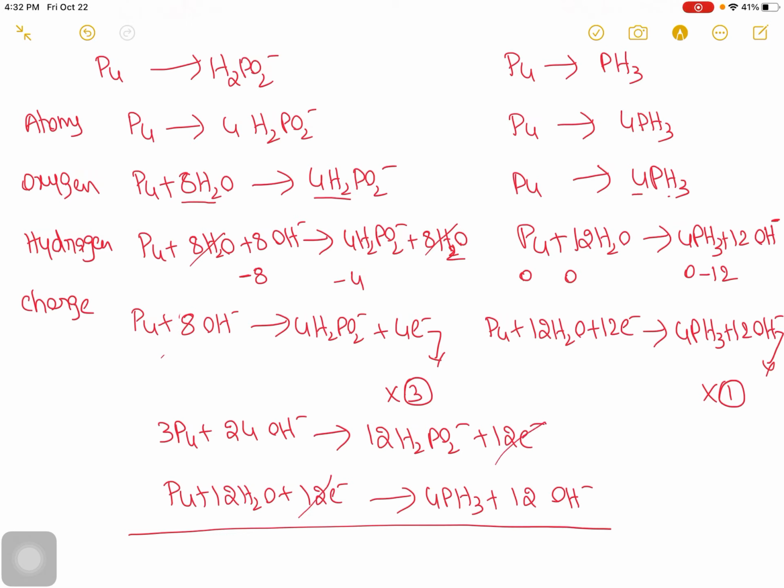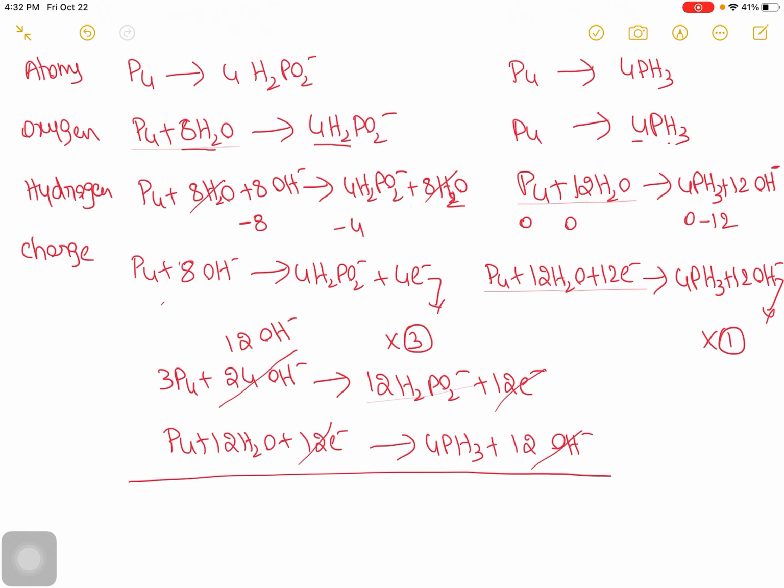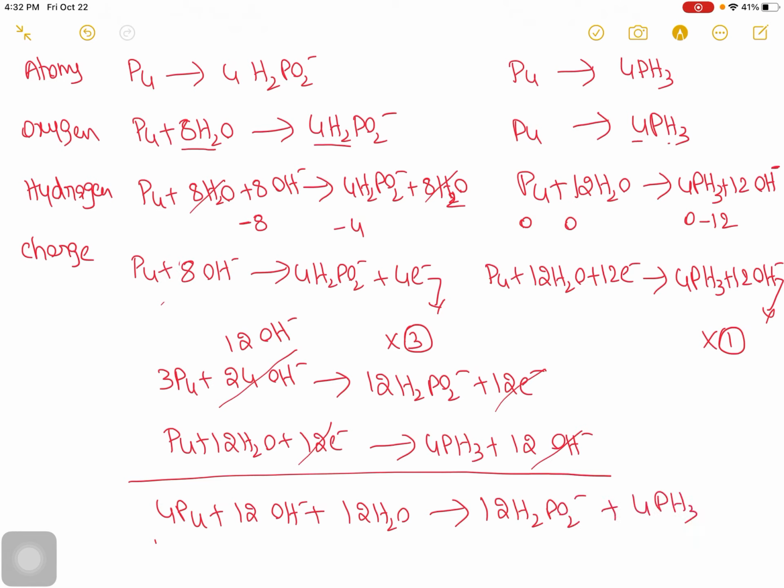The 12 electrons on opposite sides cancel. 24 OH minus and 12 OH minus, the remaining is 12 OH minus. So 3P4 plus P4 is 4P4 plus 12OH minus plus 12H2O gives rise to 12H2PO2 minus plus 4PH3.